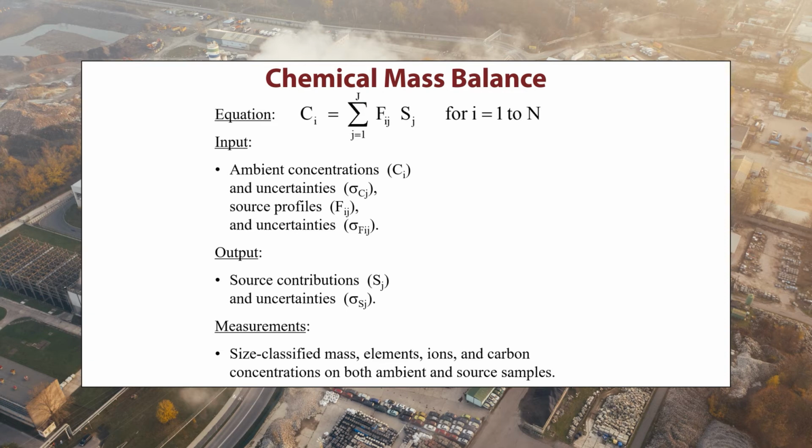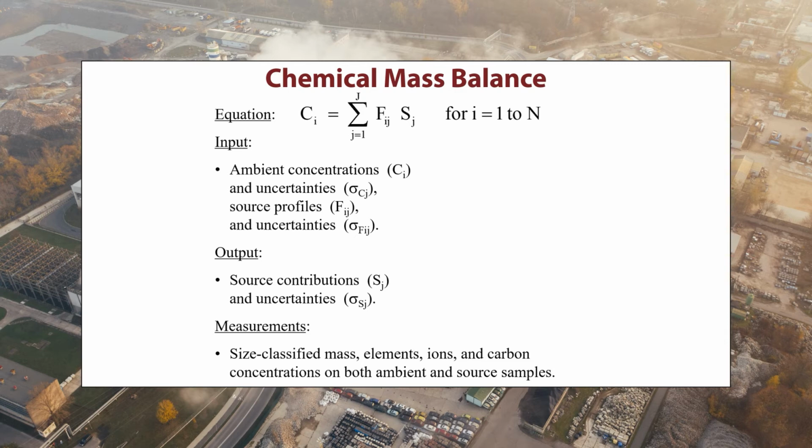So this is mainly based on mathematical models and statistical models. In this case, the input parameters are the ambient concentration Ci and uncertainties, and source profiles and uncertainties. The output is the source contributions and uncertainties.